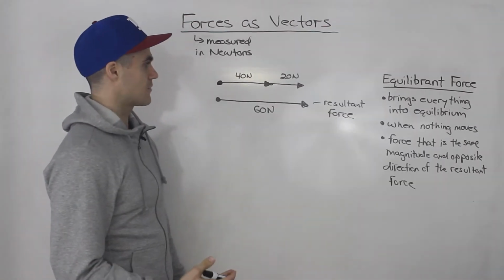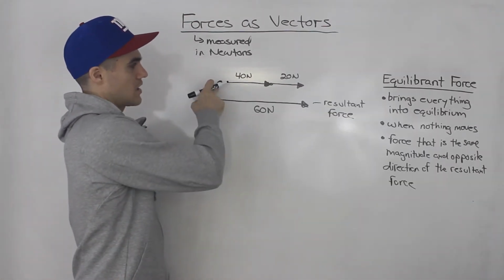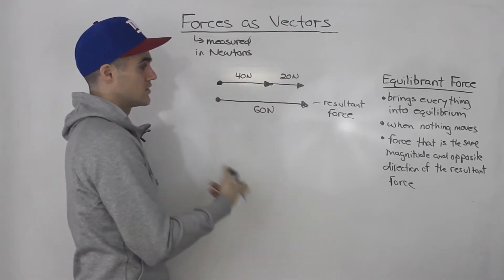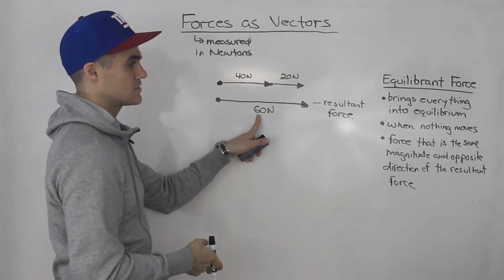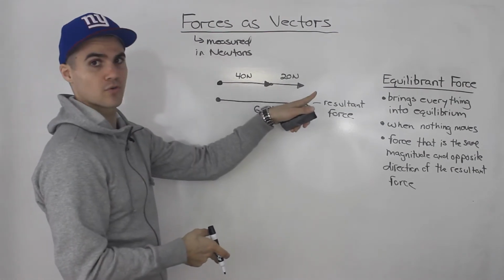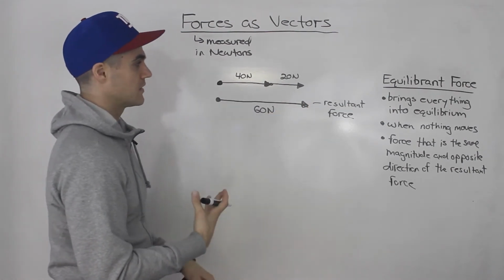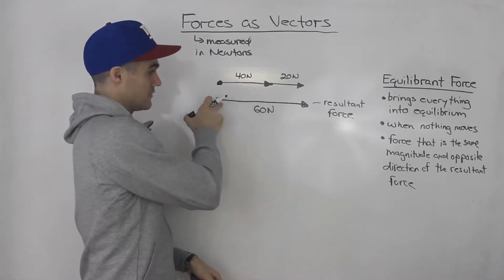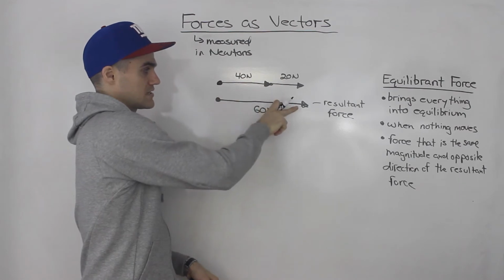So going back to this example, we had two forces acting on this object, 40 newtons and then 20 newtons going in the same direction. So the resultant force was 60 newtons. So what's the equilibrium force going to be? It's basically going to be the force that makes the object not move. Right now, this object is moving 60 newtons in this direction.